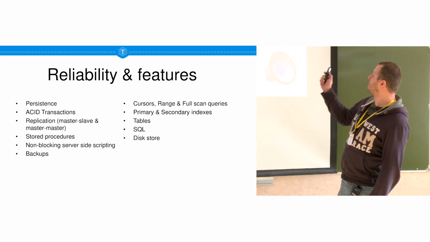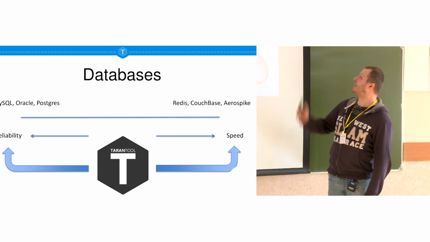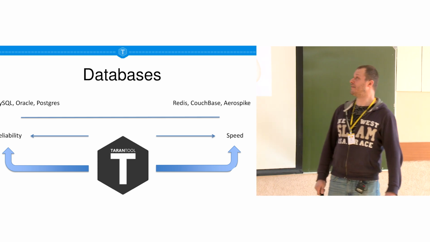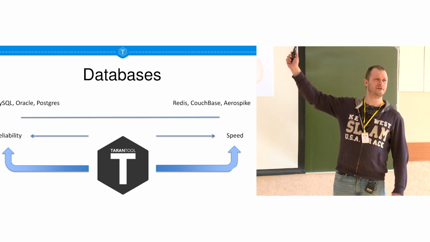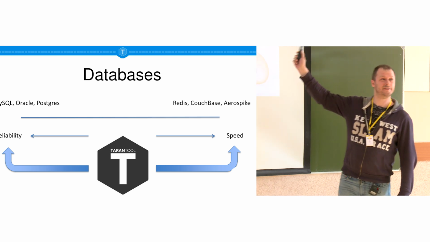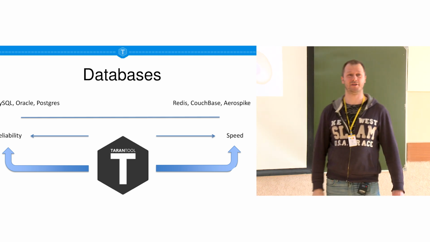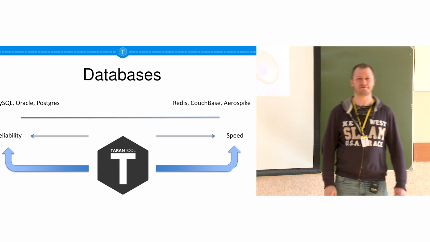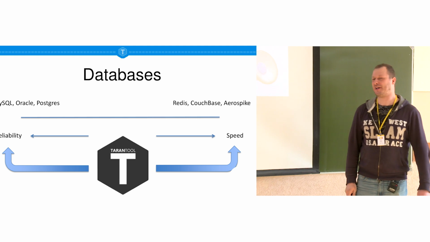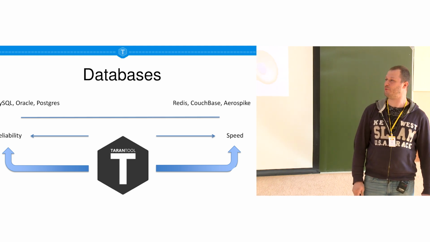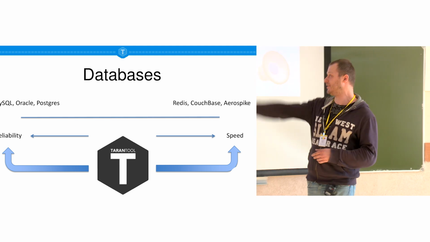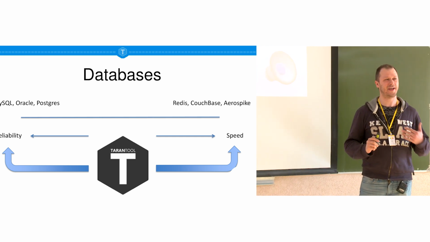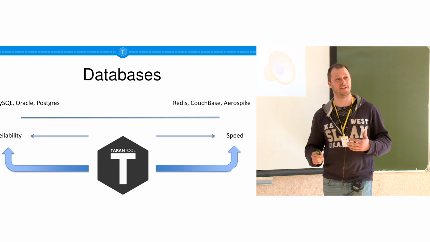And on the other hand, there are some new databases like Redis, Couchbase, Aerospike, maybe Riak, and some others. Have you ever heard about these databases on the right side? No? They're very popular in web scale applications. The main thing about those databases is that they are fast. They say, hey, we're not as durable as those old ones, but we are fast. You cannot rely on us, but you can cache data.